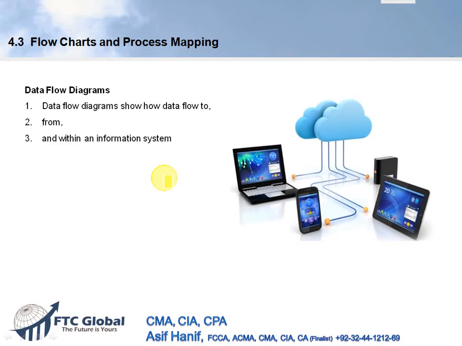It shows the flow of information between various points in an information system, and any process that manipulates the data, and that process could be a computer process or a manual process. That's important from a computer point of view. So we can say that an information system based upon computer systems can be subdivided into subsystems.